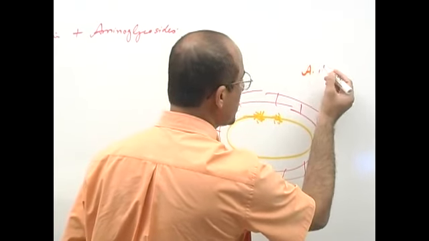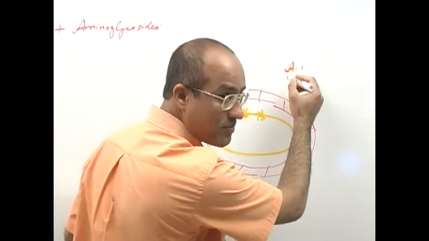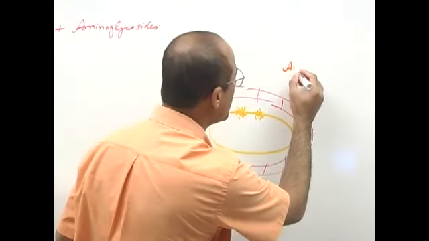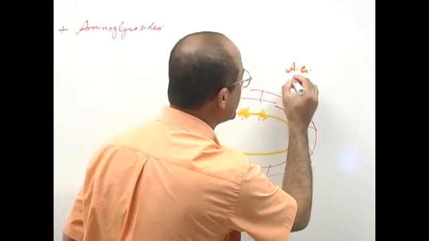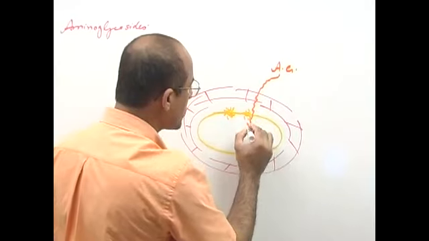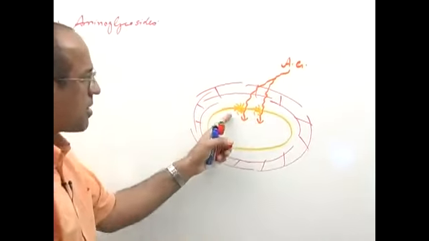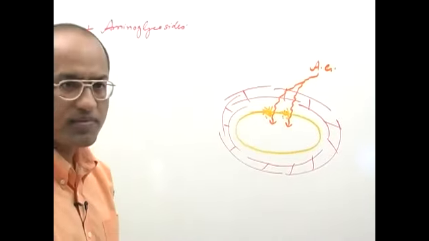Aminoglycosides like gentamicin, amikacin, tobramycin, there are so many aminoglycosides. Now aminoglycosides are actively transported through these membrane transporters into the bacteria.